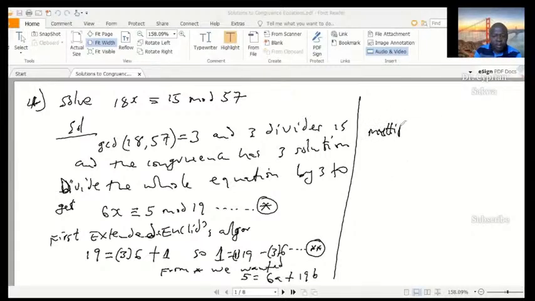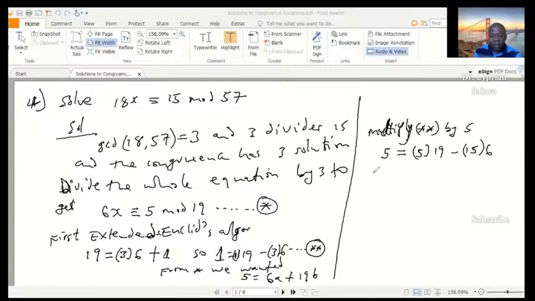When you multiply by 5, you have 5 equals 5 multiplied by 19 minus 15 multiplied by 6.